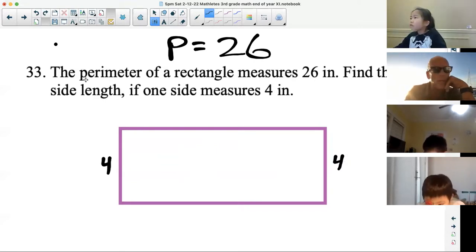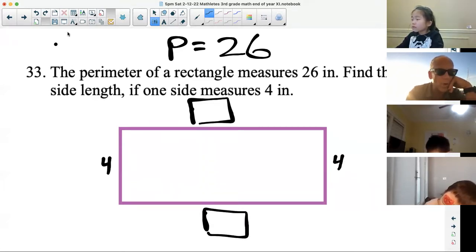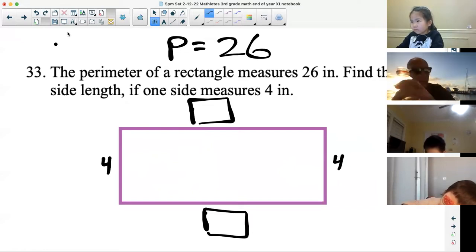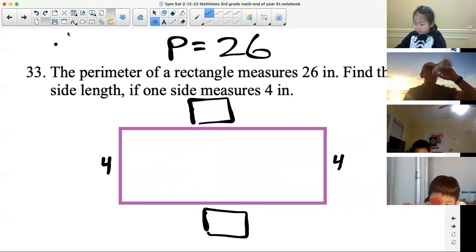So what is going to be the other side length of this rectangle? And you know that a rectangle has 2 dimensions. So who's going to give it a shot?